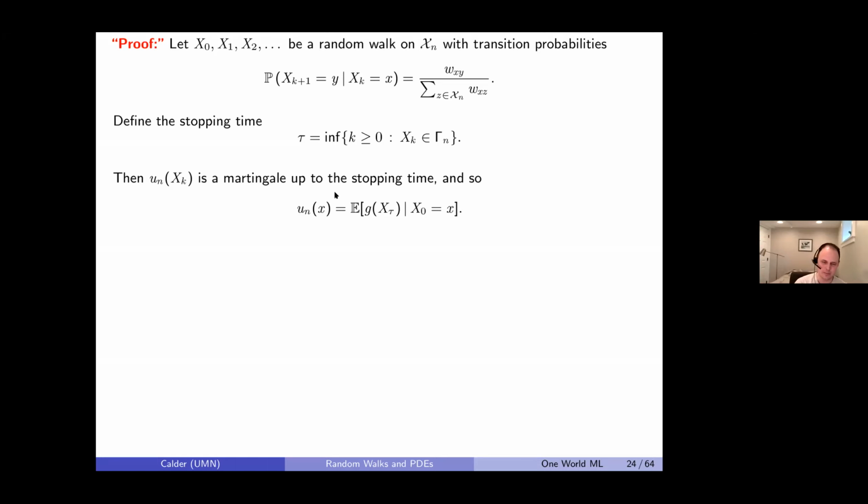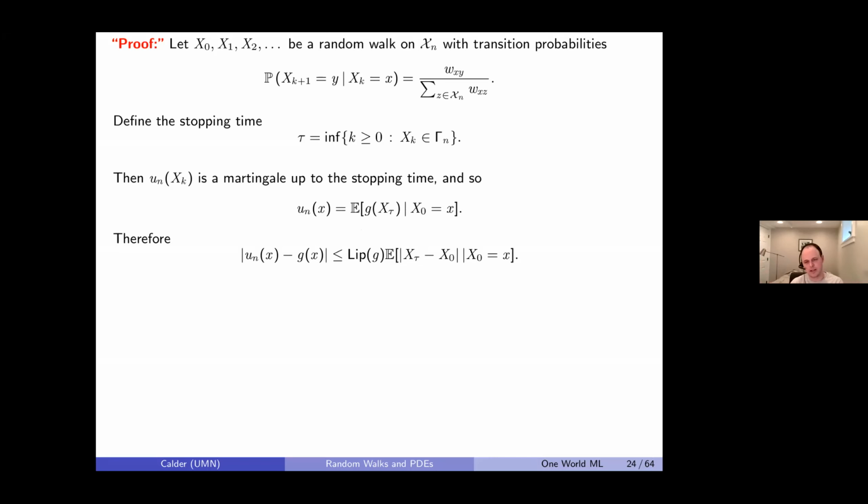Now, once you have this interpretation of the Laplace equation, you just take the difference with the label function g, take absolute values, and on the right-hand side you use the Lipschitz constant of g, pull it out, and what you're trying to bound now is the expectation of how far the random walk moves before it stops. So the whole thing is: how far does your random walk move before it stops? If it moves too far, you're averaging on too large of a scale, and things are going to become degenerate.